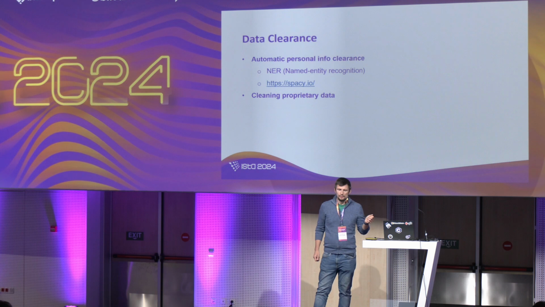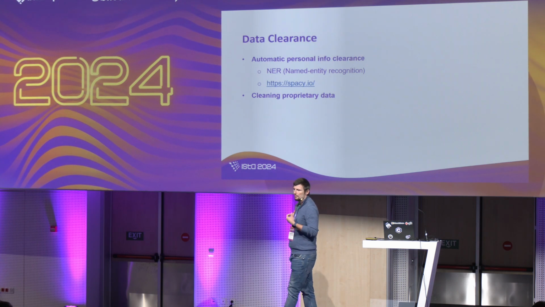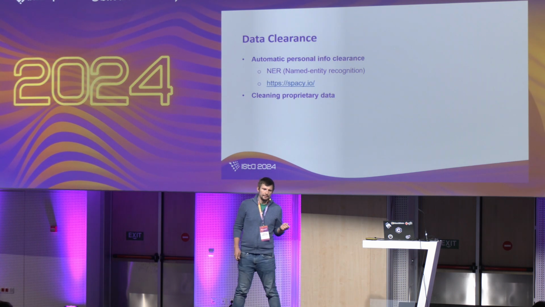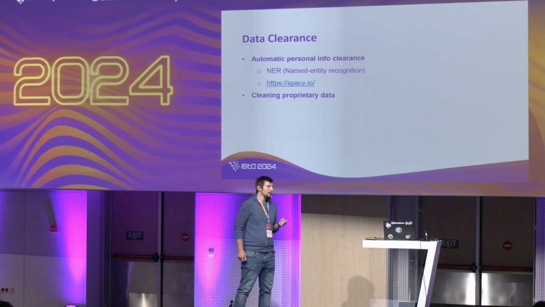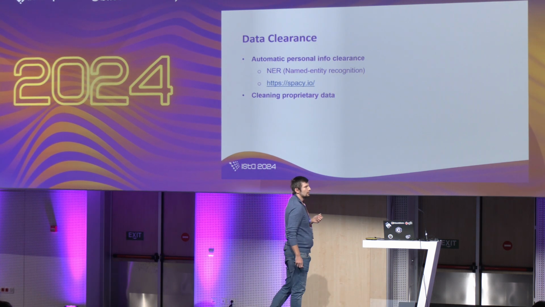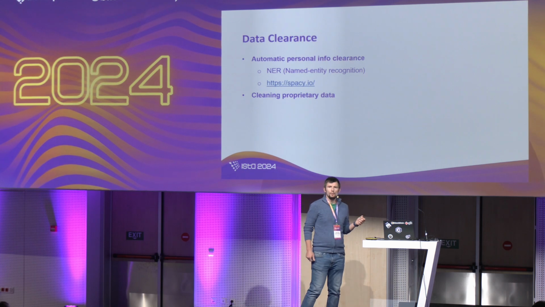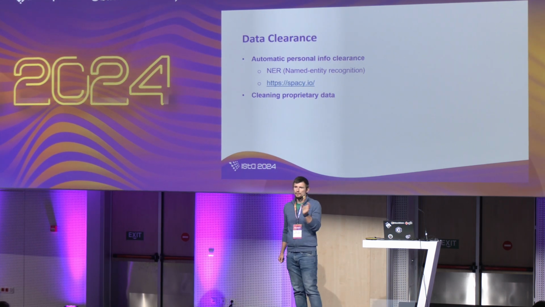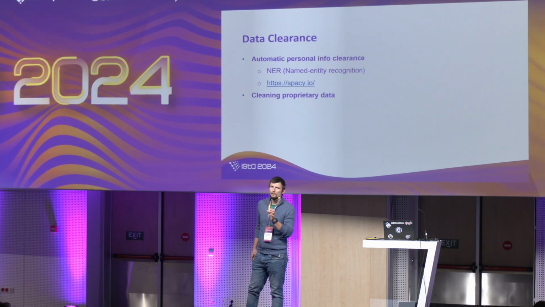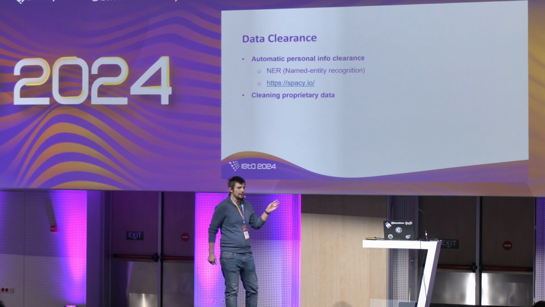Here we can clean personal names or brand names using named entity recognition software. These are small transformer models which categorize each part of the text, and you can remove just the names from the text.